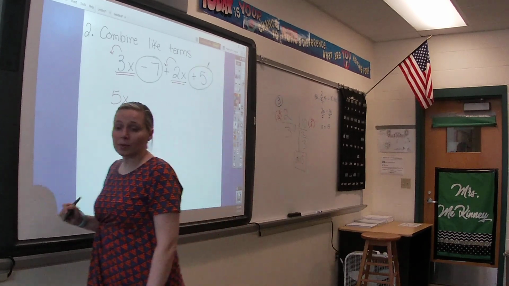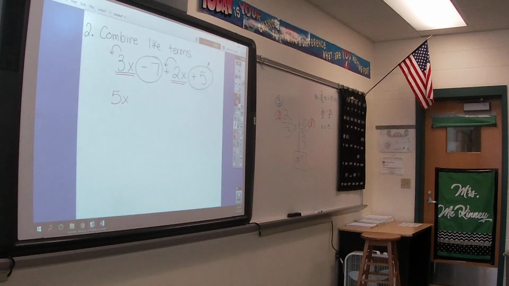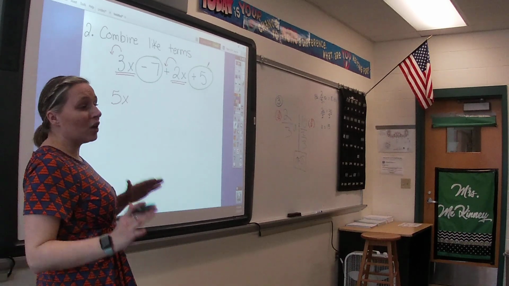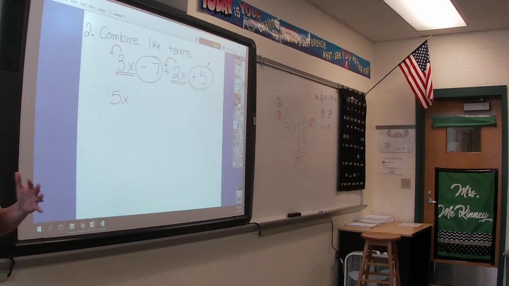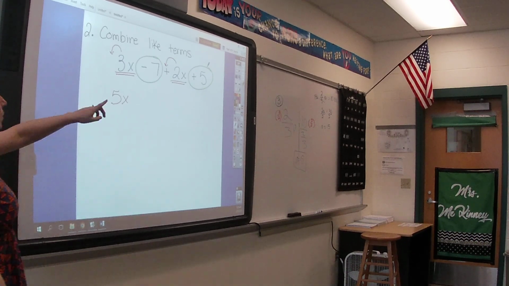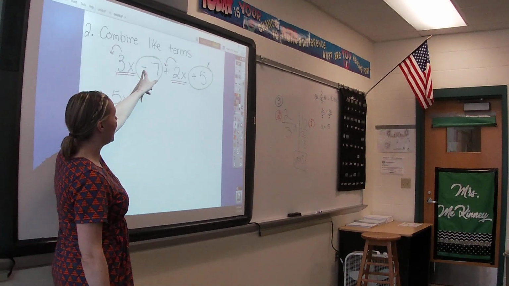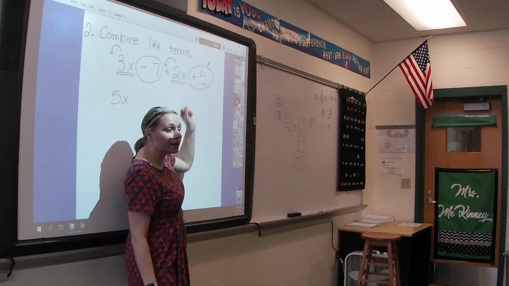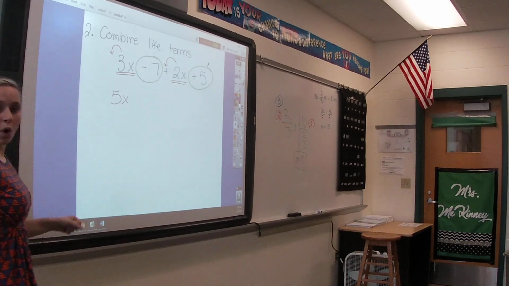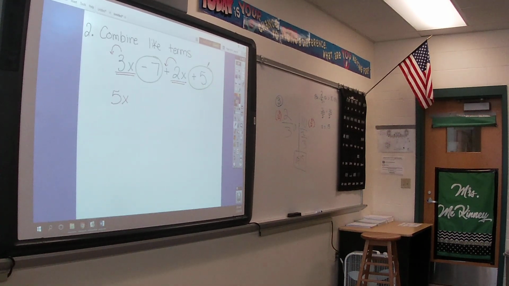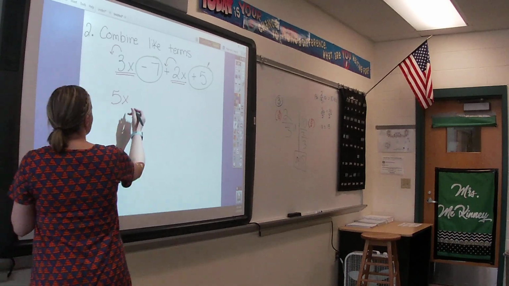Same idea for the numbers that don't have variables. We can put those together as well. Again, just use your calculator if it helps you. I would rather you get it right than prove to me that you can add without a calculator. So if you needed to, right, you could put in your calculator -7 plus 5. What is -7 plus 5? -2.